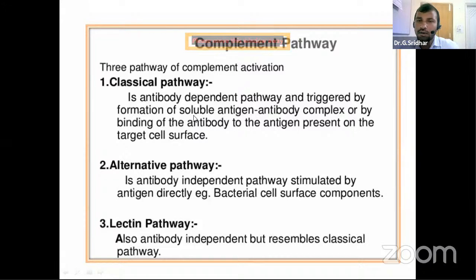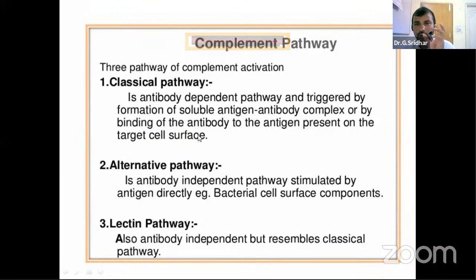I mean to say that to activate the classical pathway, it is an antibody dependent pathway triggered by the formation of a soluble antigen antibody complex. That means it is the only pathway which is dependent on the antibody to activate. It is triggered by binding the antibody to the antigen present on the target cell surface.